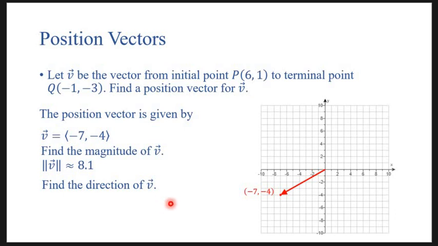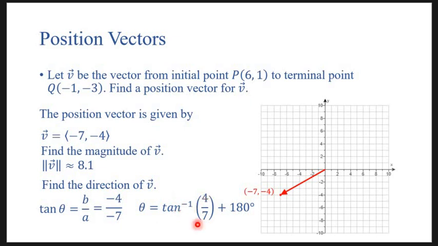To find the direction, I'm going to use the fact that the tangent of the direction angle is b over a, which in this case would be -4 over -7. So if I solve this for theta, theta is the arctangent of 4/7, but because I am in the third quadrant and the arctangent is going to give me an angle in the first quadrant for that, I have to add 180 because the angle the calculator is going to give me is going to be on the same straight angle as the angle I'm looking for, the direction angle.